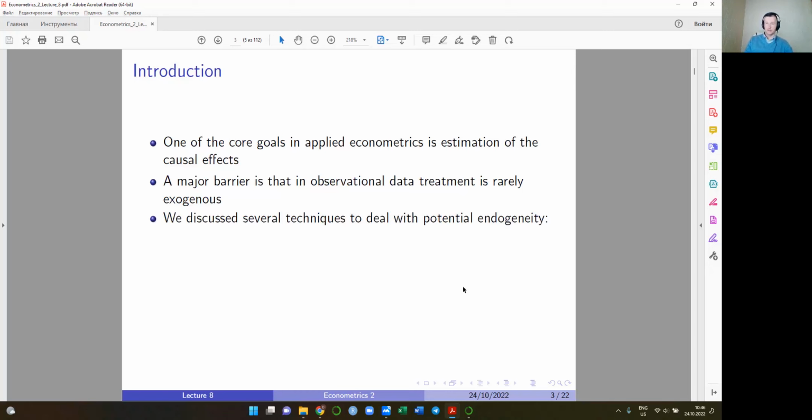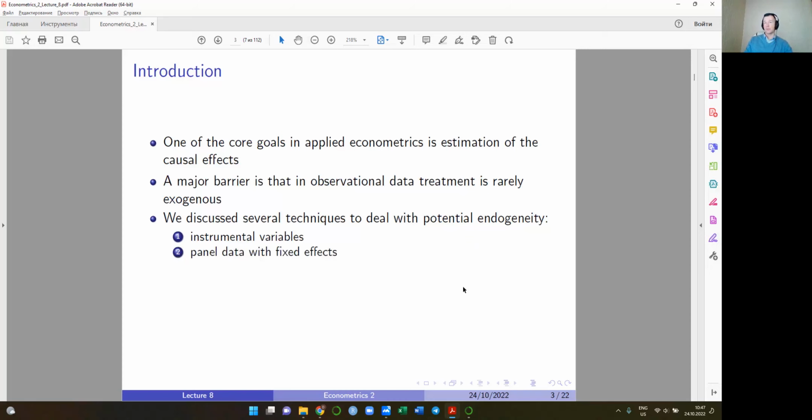So far in this course, we have discussed several techniques to deal with this potential endogeneity. One was about instrumental variables. You simply need to find some variable that is correlated with your problematic variable of interest, with your treatment, but which is not correlated with some other variables that influence the outcome.